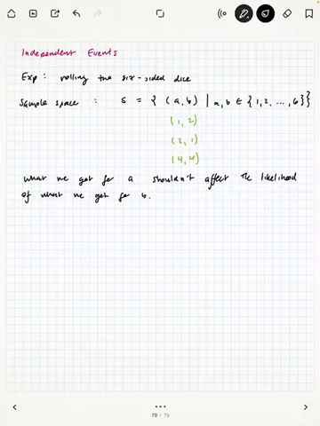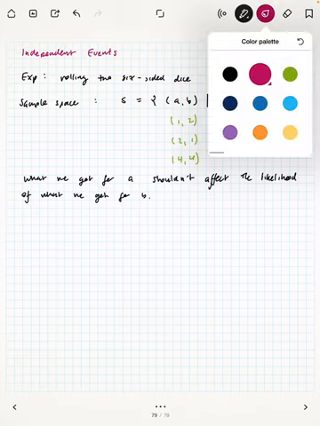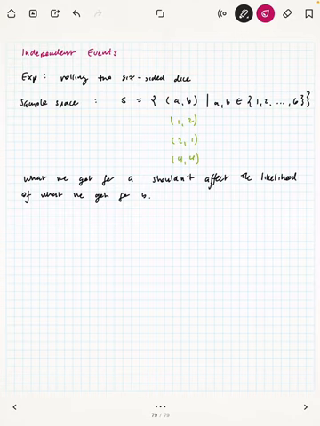But let's examine this for a specific event. So let's suppose A is the event in which the first roll lands on 2. B will be the event that the second roll also lands on 2.